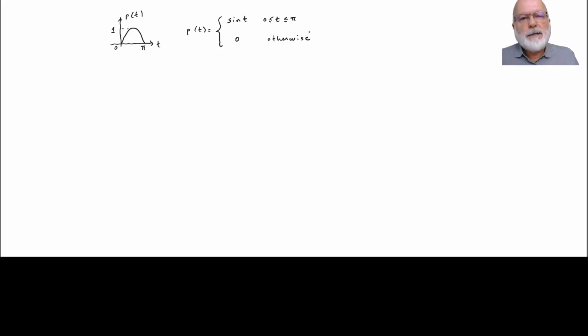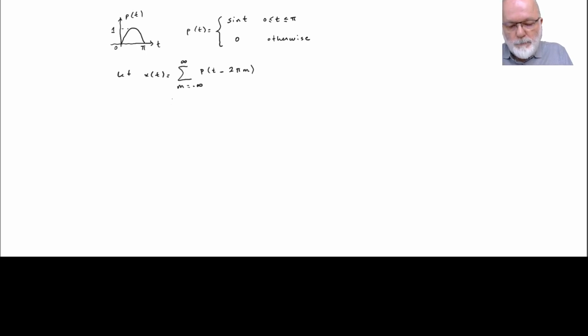Now let us obtain the periodic signal x of t as follows. Let x of t be defined as the sum over m from minus infinity to plus infinity of P of t minus 2 pi m. That means we are defining a periodic extension of P of t with a period equal to 2 pi.